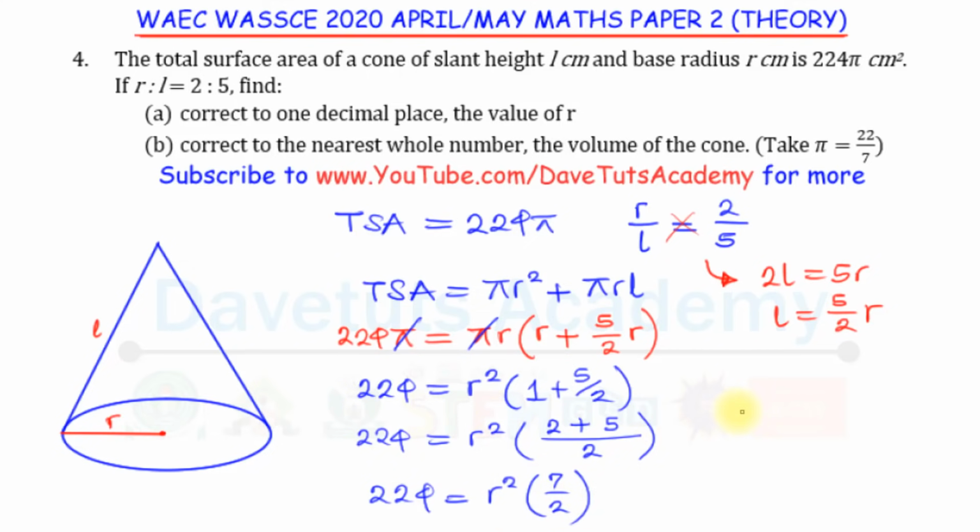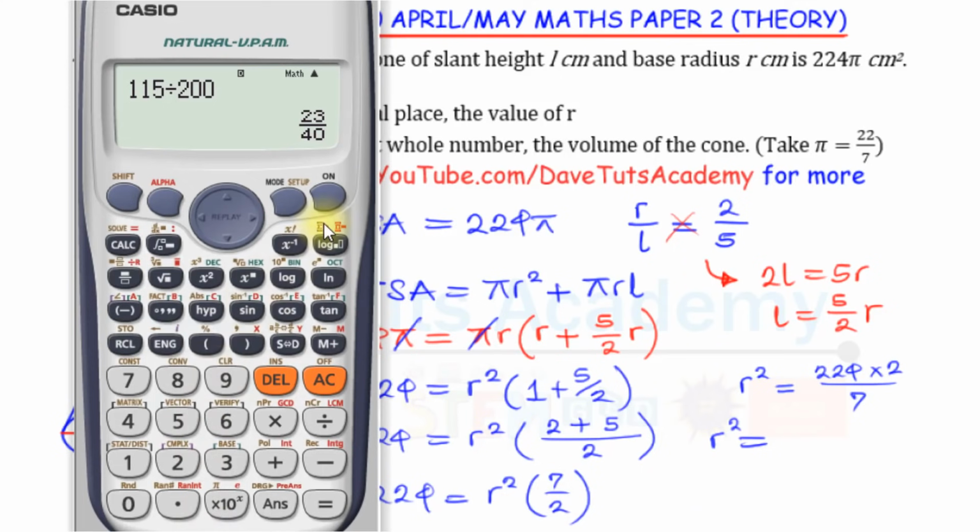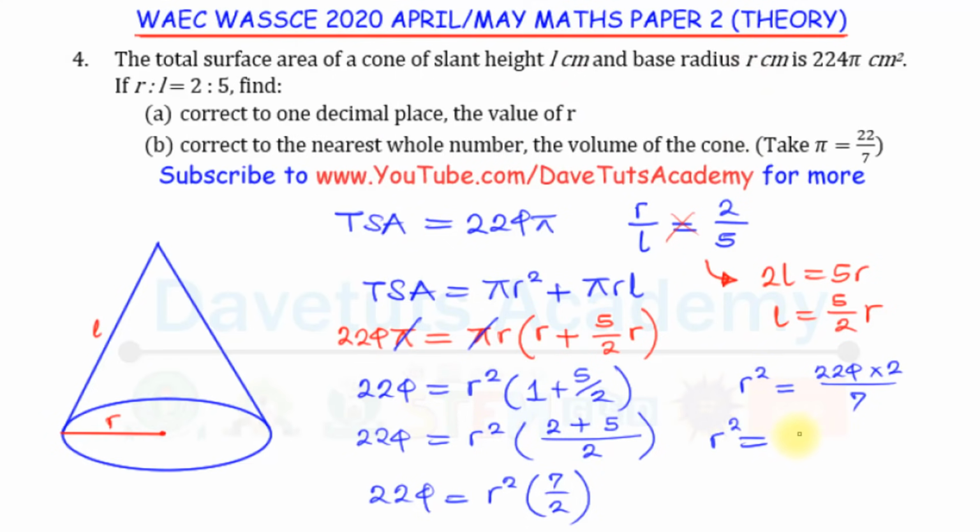Here, if I cross multiply, R square is going to give me 224 times 2 over 7. So R squared is equal to 224 times 2 divided by 7, that is 64, so that R itself will be the square root of 64.